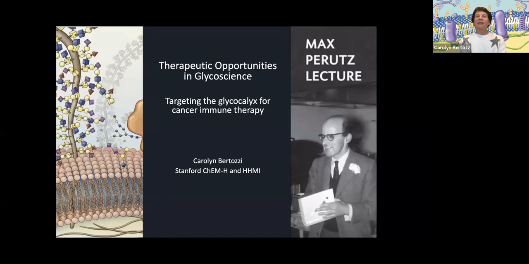It's basically a project that started out with some basic science and some curiosity around an interesting glycosylation phenotype that had a long-standing association with cancer, and how our learnings in the early days of the project have led quite recently to the development of a new immune therapy candidate, which has just started human clinical testing about a month ago. So it's a therapeutic opportunities talk, but focusing on cancer immune therapy.